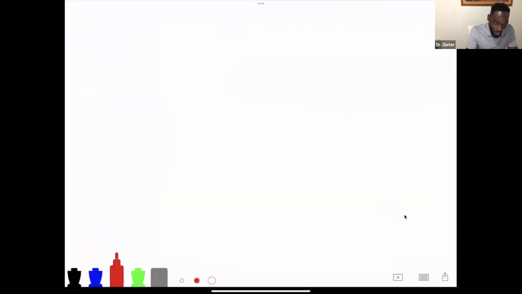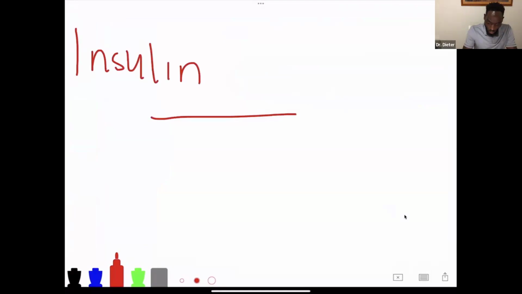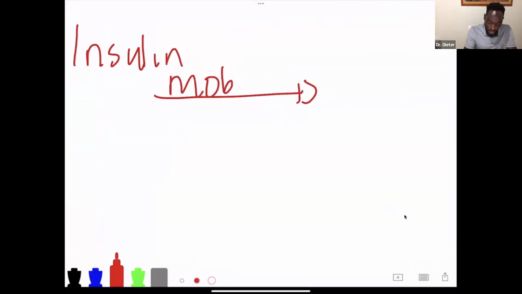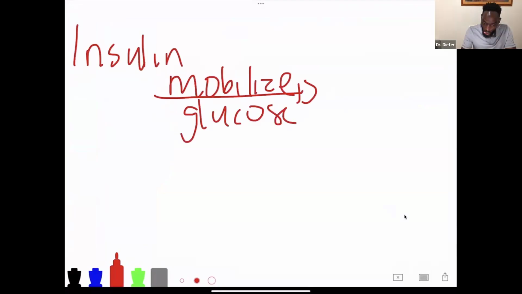The job of insulin is to mobilize glucose out of the blood into the cell.